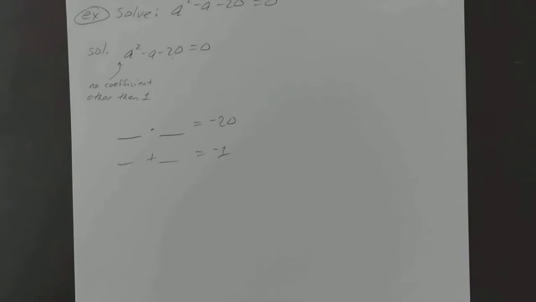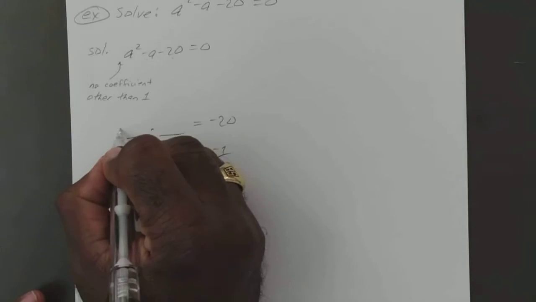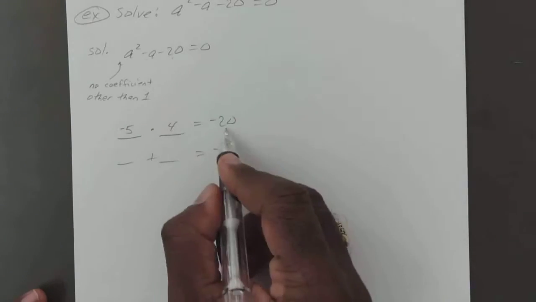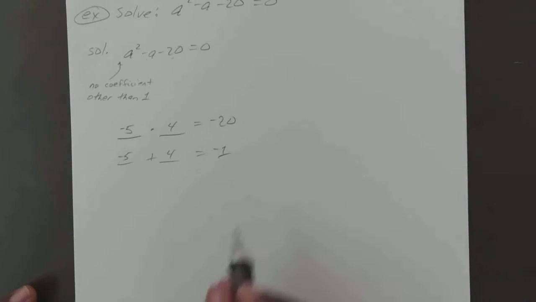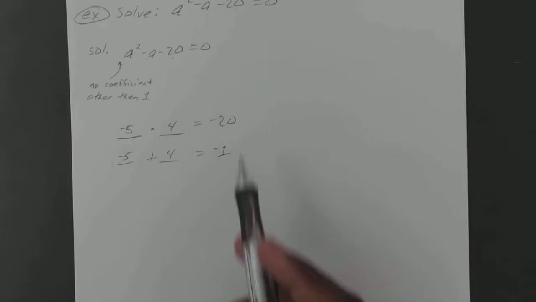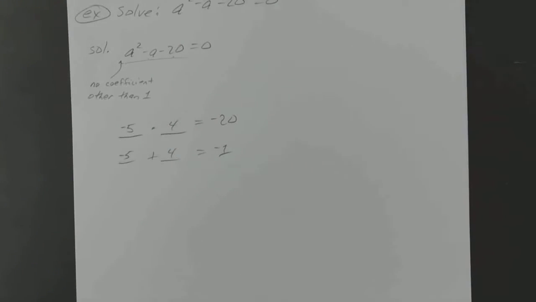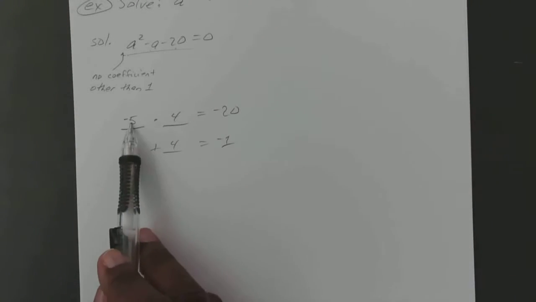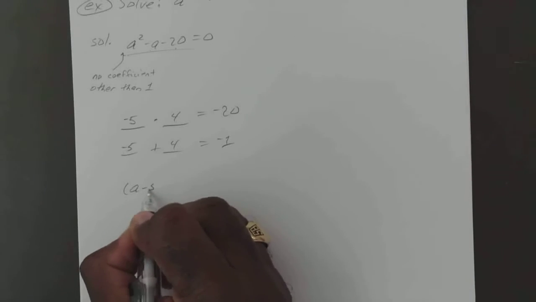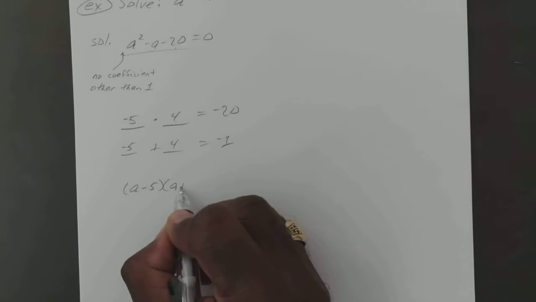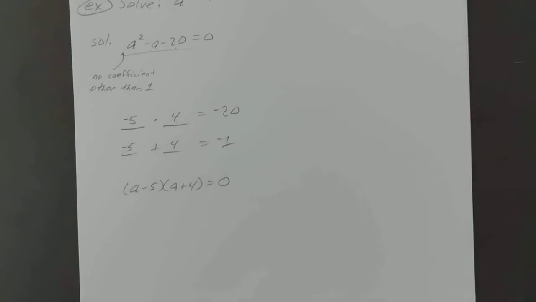Okay, so for that one, it looks like -5 and 4 should work for both. -5 times 4 is -20. And -5 plus 4 is -1. So that works. Okay. So that means this can now be factored into a minus 5, a plus 4, equals 0.